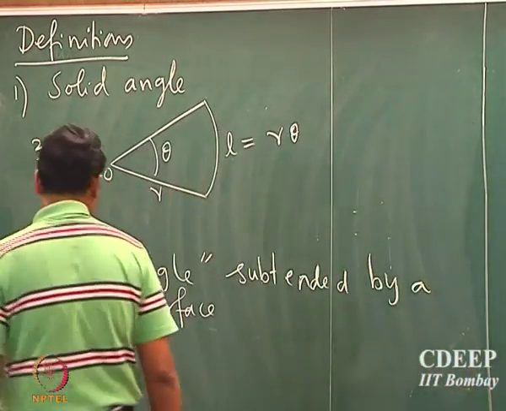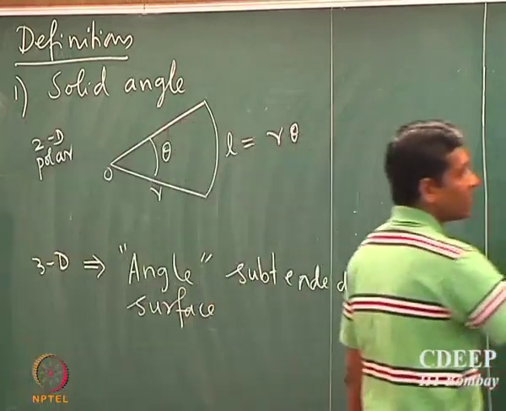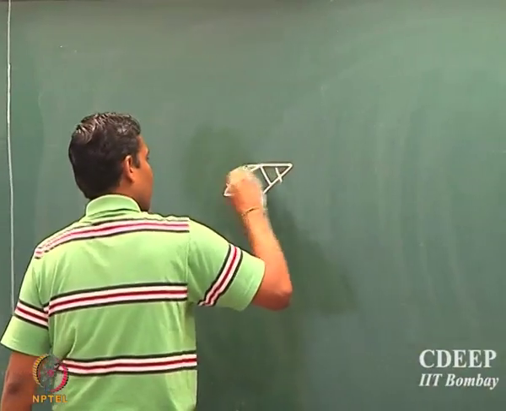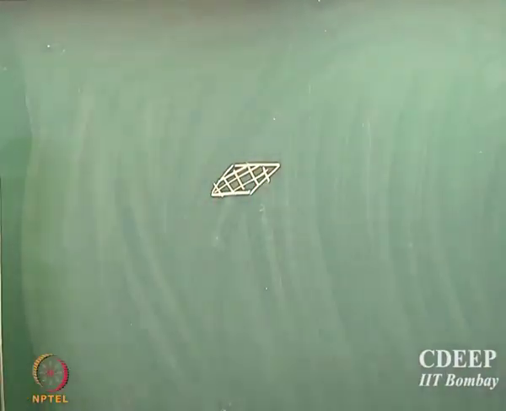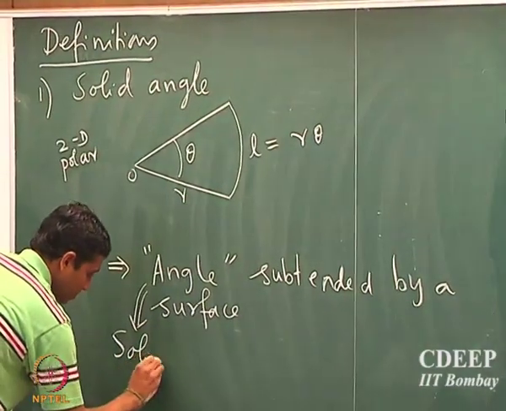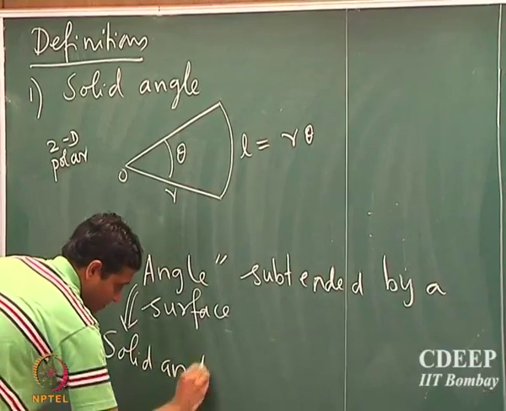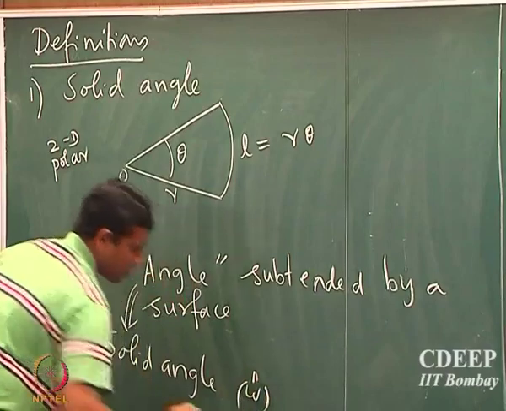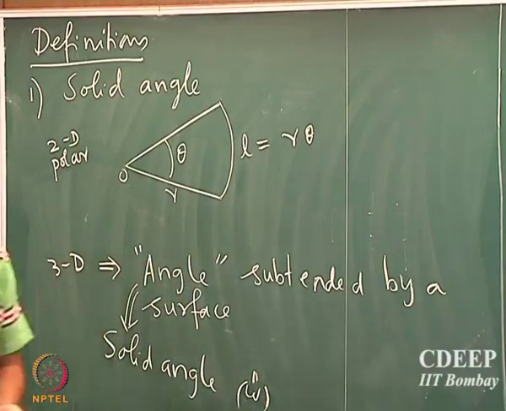So, supposing here is a point object. By the way, this angle is what is called the solid angle, and the symbol that is given is omega. Omega is the symbol for solid angle.